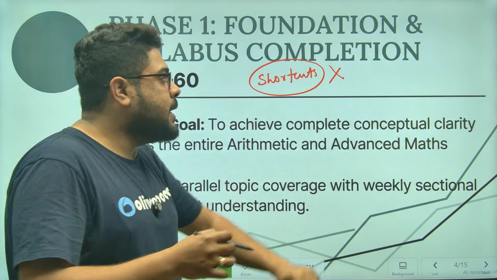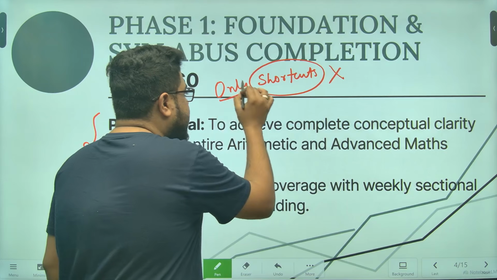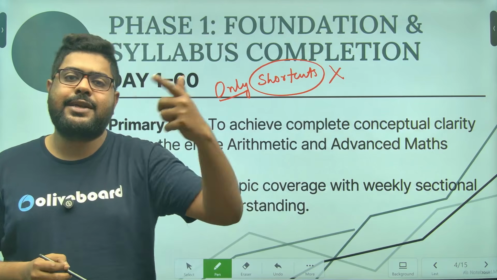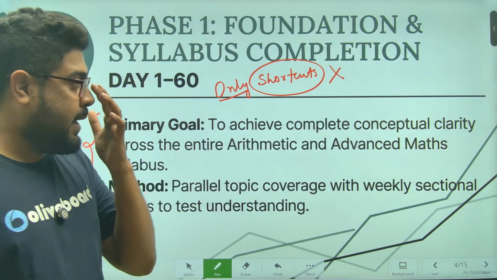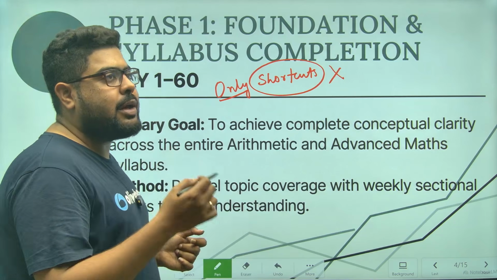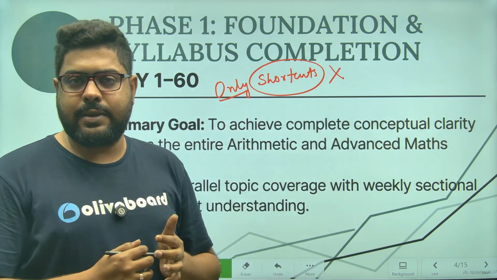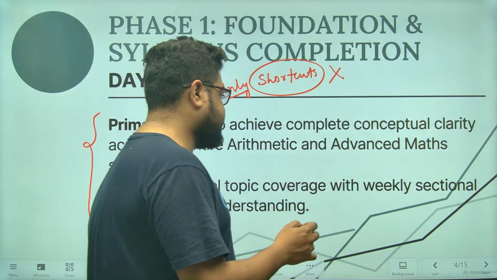But remember, only shortcuts will not work. You need to have conceptual clarity and focus on conceptual shortcuts rather than formula based ones. Because 2000 formula based shortcuts, nobody can retain all that. It's impossible, especially in 60 days. Perfect.